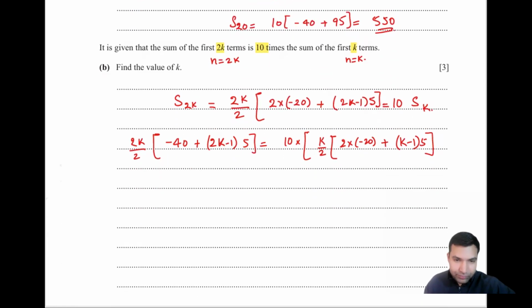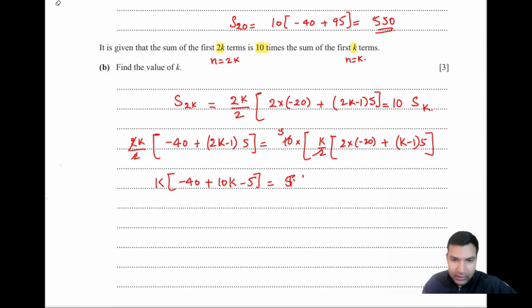All right. So I can quickly see here that 2 and 2 can be cancelled out. Now simplify everything. This is negative 40, 2k times 5 is positive 10k, negative 1 times 5 is negative 5. And then 10 is outside, so I can take it as 5k, right? 2 times 10 is 10.